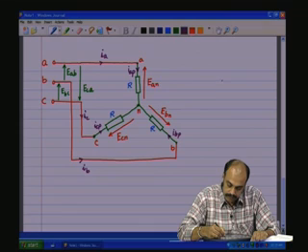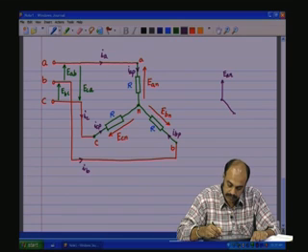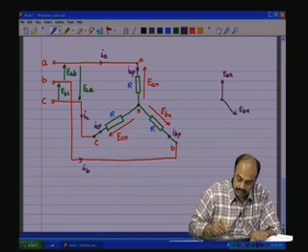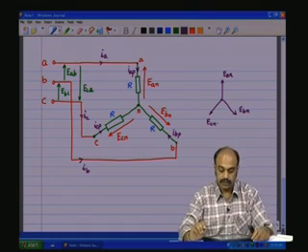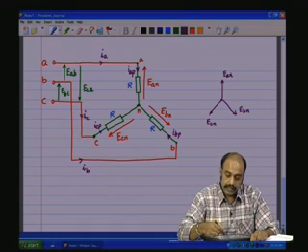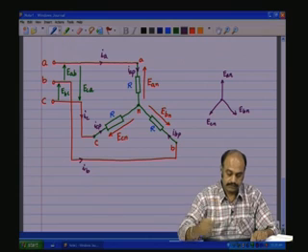So, let me draw EAN. This is EAN. 120 degrees away, same amplitude, we have EBN. You see EBN, and then we have ECN 120 degrees away. This we know. This is the voltage across every phase.